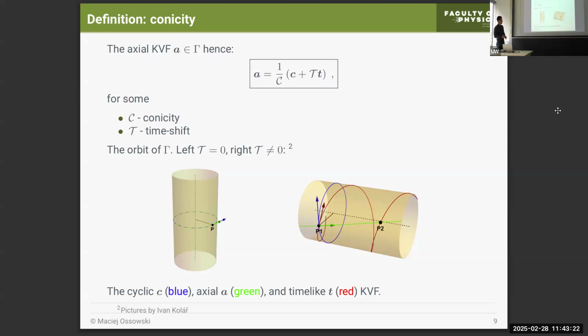However, what happens in the generic case is that the axial Killing vector field is no longer closed. Its orbits are no longer closed. Instead, it has some kind of spiraling behavior.